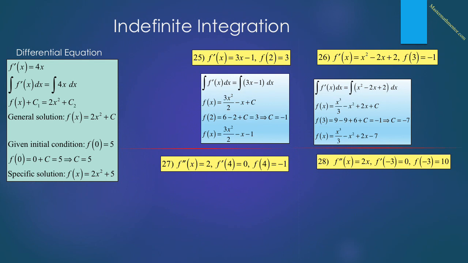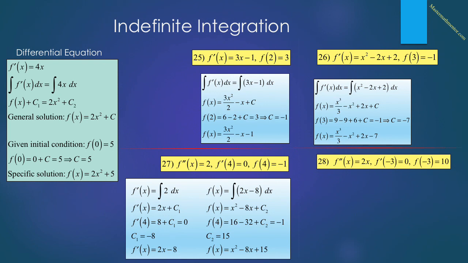Plugging in 3, we get f of 3 equals 9 minus 9 plus 6 plus c, and we know that's equal to negative 1, making c equal to negative 7. So our final answer is f of x equals x cubed over 3 minus x squared plus 2x minus 7. You can check your work just like we did in problem 25.